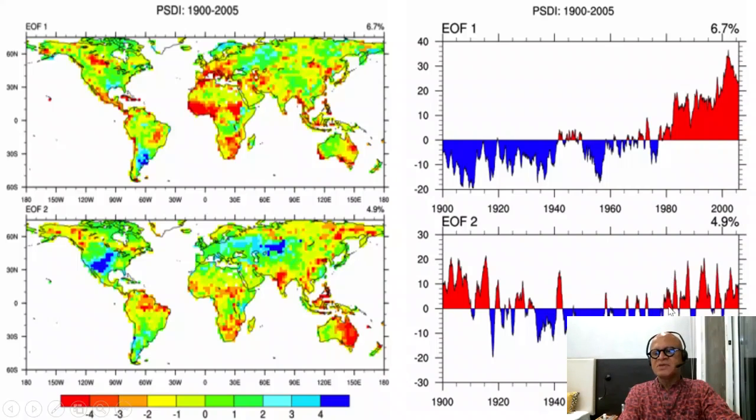Almost each one of them corresponds to El Ninos, 82, 83, 97, 98, and so on. But droughts can straddle across El Nino events, especially over regions like California. The Sahel had a drought that lasted for many decades, and so on and so forth.